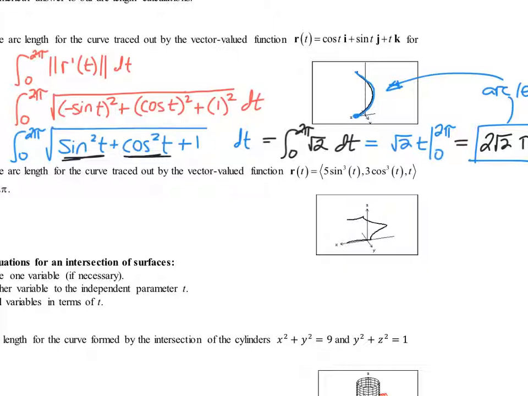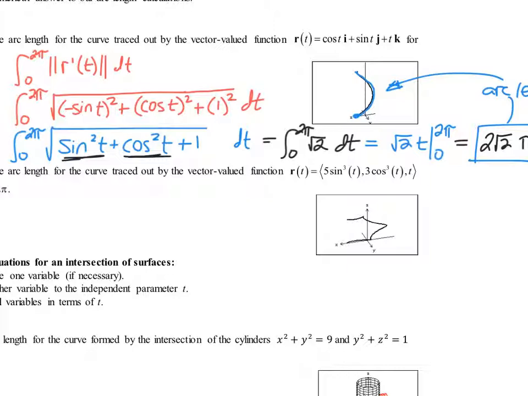If you think of a slinky, just stretch that out, that's what we're talking about. But it's only going over an interval of 0 to 2 pi, so it's a minimal length. So having a small arc length kind of makes sense.